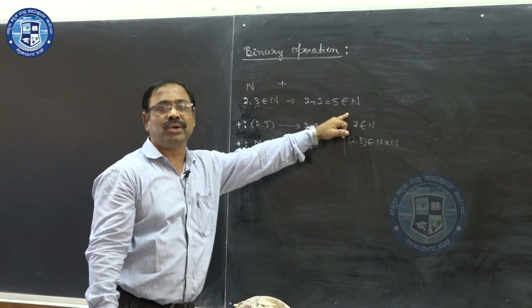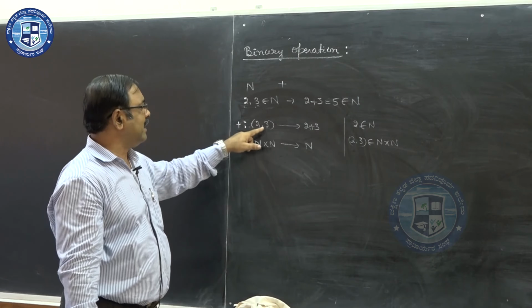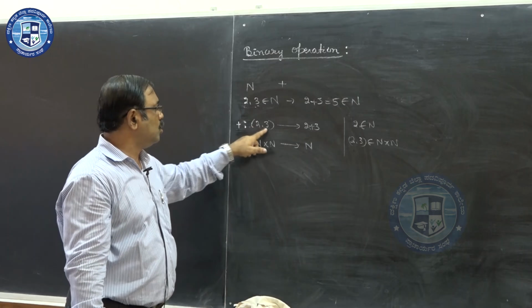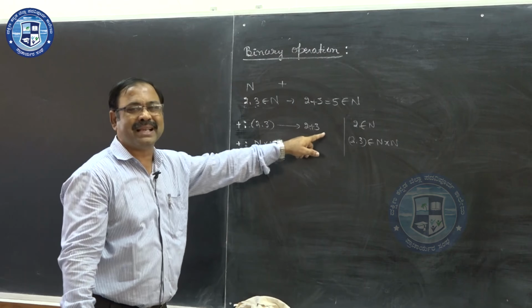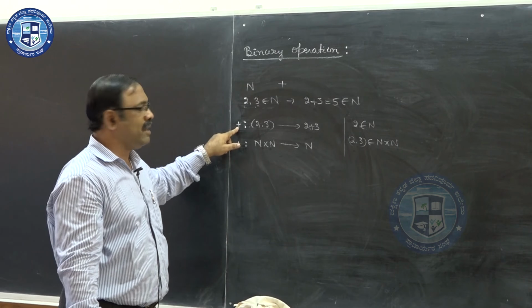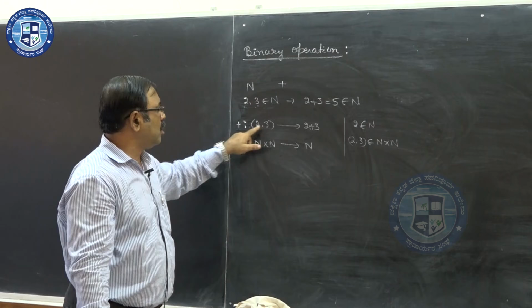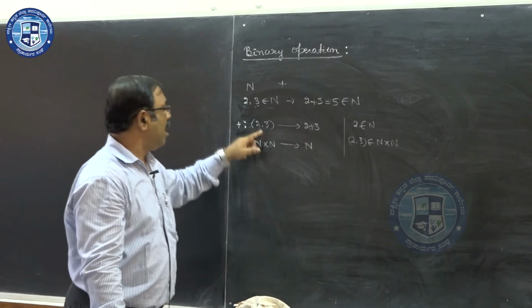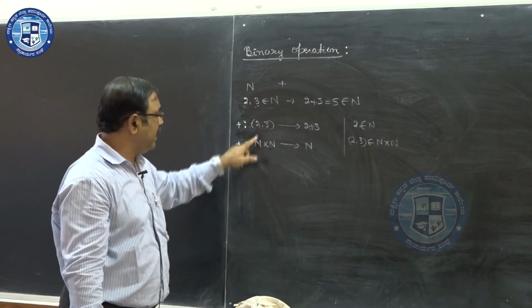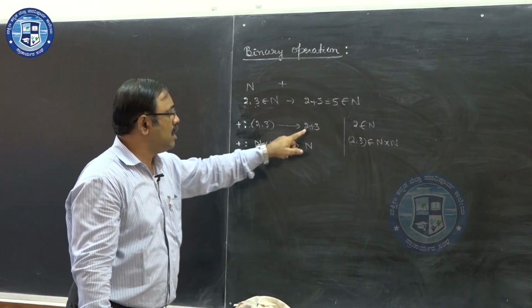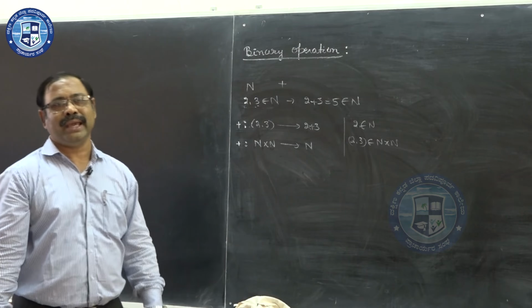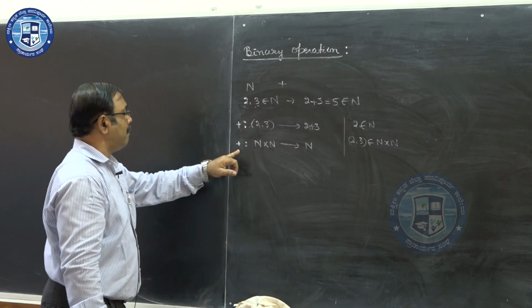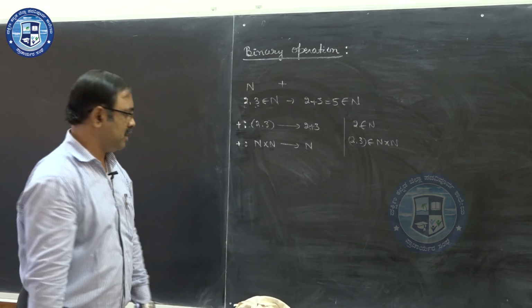It is also belonging to N. Now plus is an association from 2, 3 to 2 plus 3. Therefore, plus is a binary operation. Why? For 2, 3 belonging to N, 2 plus 3 belongs to N. Or ordered pair 2, 3 belonging to N cross N, 2 plus 3 belongs to N. Therefore, plus is a binary operation.